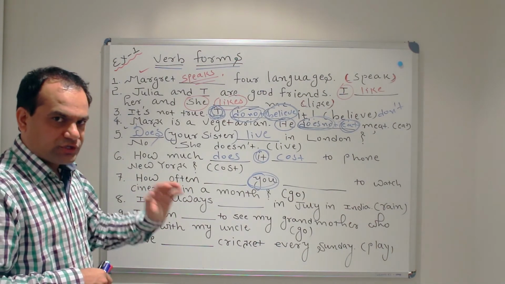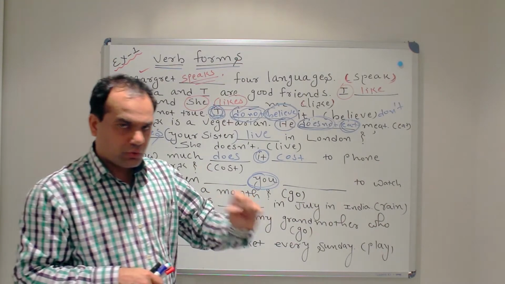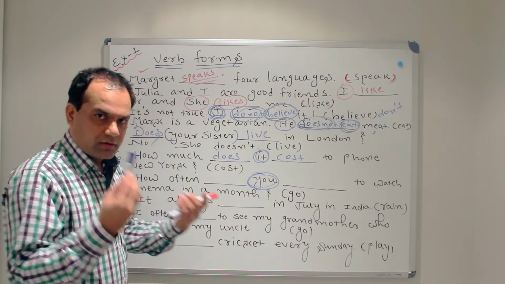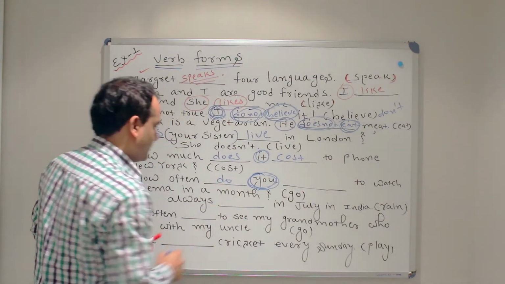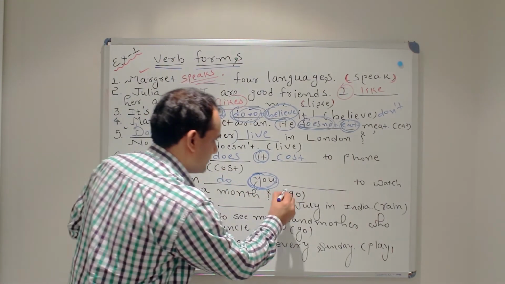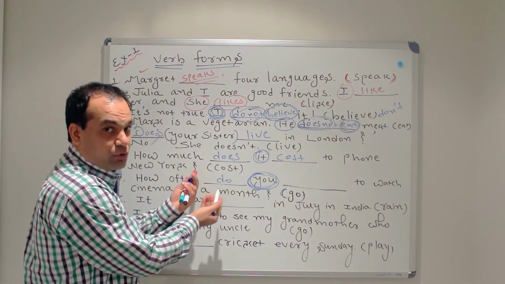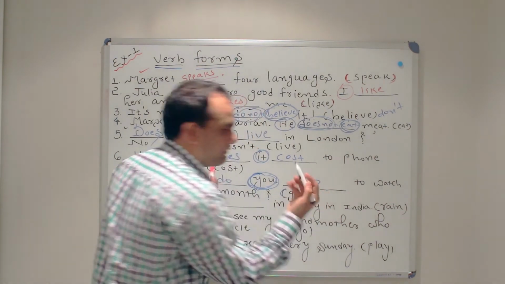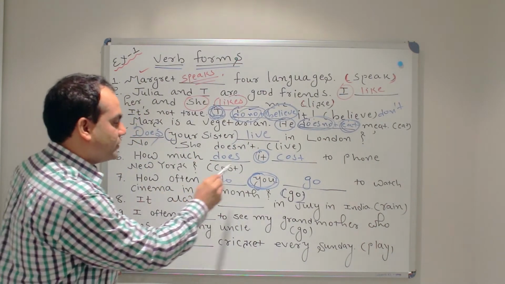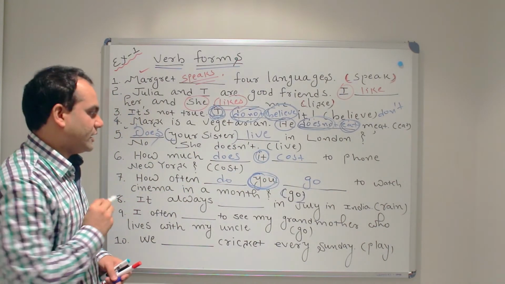When we are talking about you, we have to use do. How often do you, and with the modal verbs do and does, we always have to use the main verb, so we will use only go. How often do you go to watch cinema in a month?